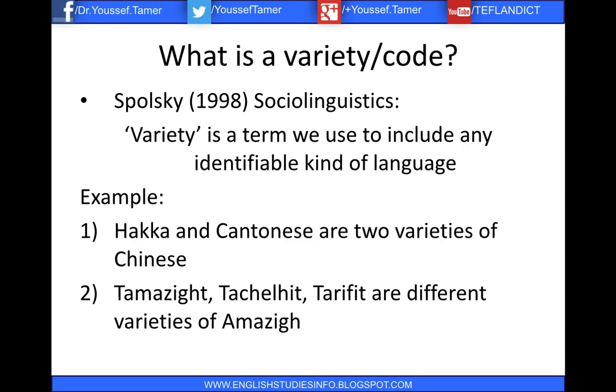You have Standard Arabic, then Moroccan Arabic, Egyptian Arabic, Saudi Arabic, Syrian Arabic, Lebanese Arabic, and so on.